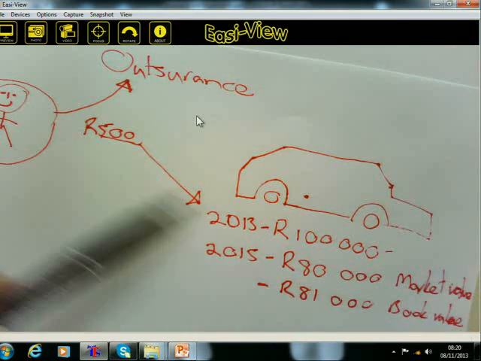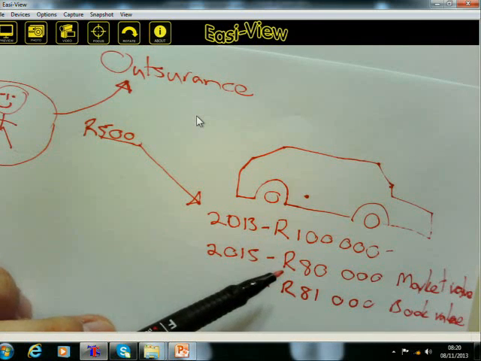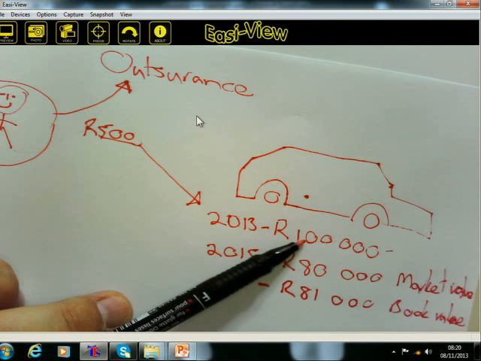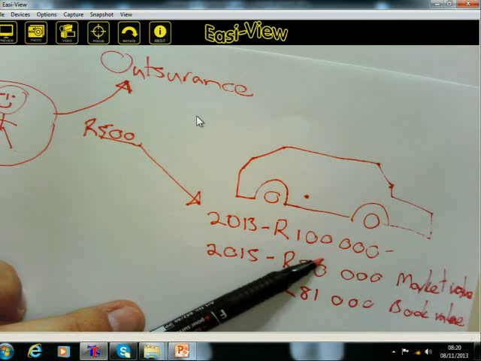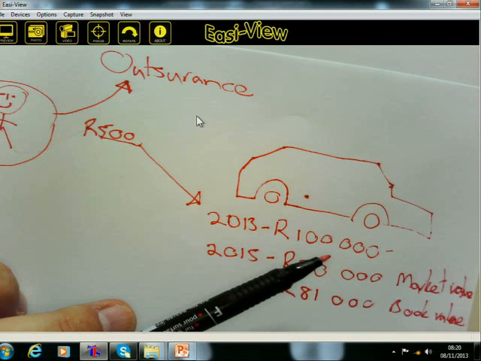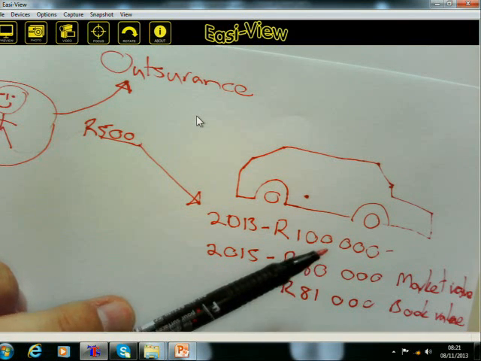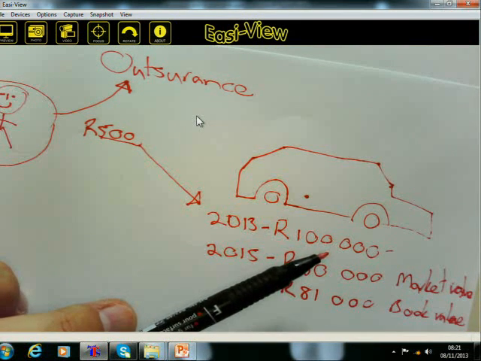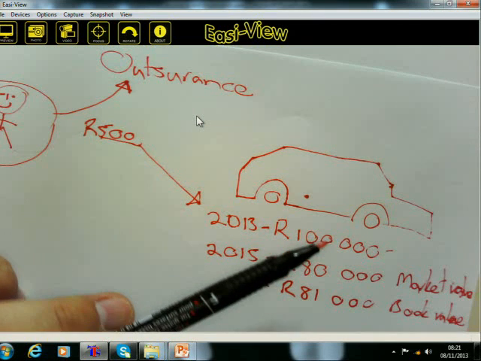Well, this is the principle of indemnification. If your car is worth 100,000 rand in November 2013, it will be worth 97,000 or 98,000 in December 2013. And maybe a bit less in January, and a bit less in the months after, and so forth.